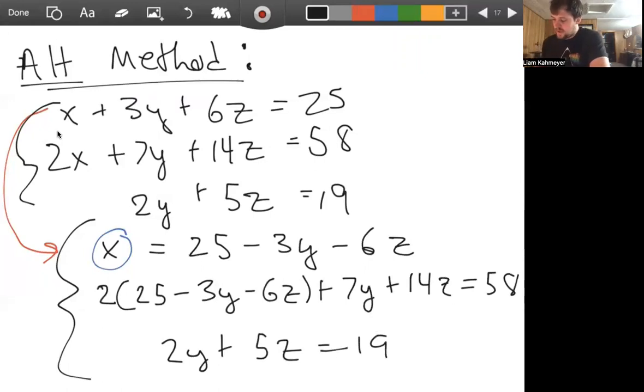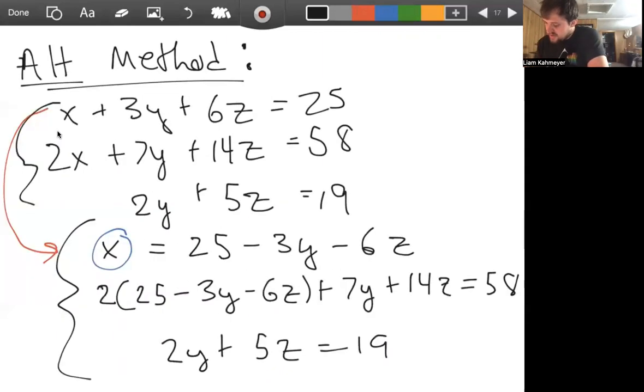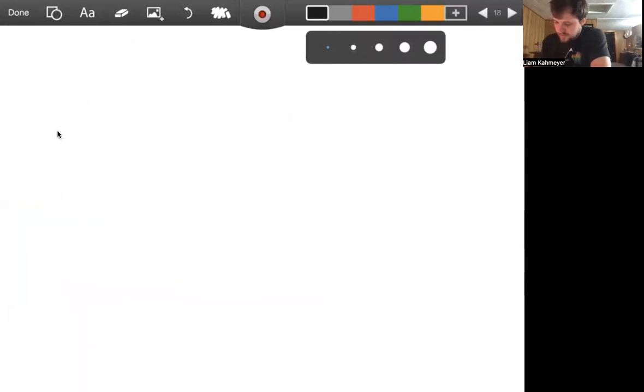Right. And so now let's simplify equation 2 there. If we do that, we end up getting, well, let's see. We have 50, and let's be explicit.